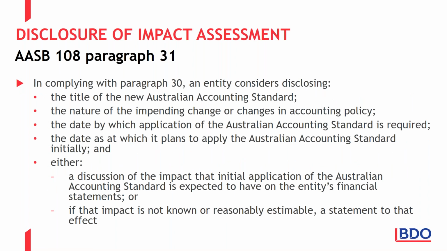Then in paragraph 31, they say in complying with paragraph 30, an entity should consider disclosing the following. So it's a little bit of a recommendation.